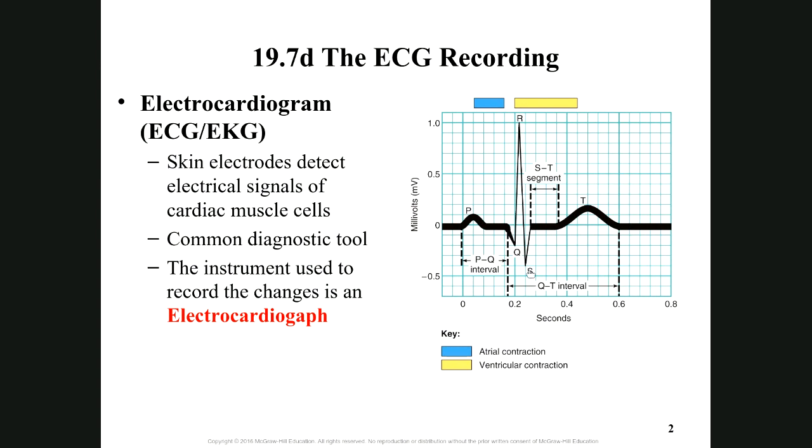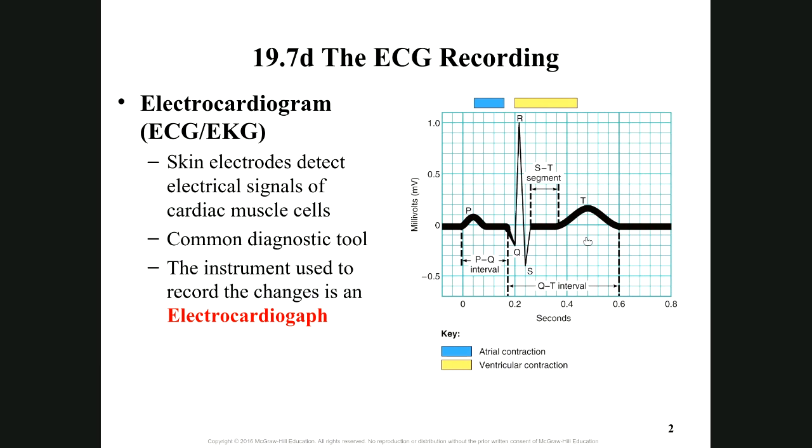The QRS complex shows the depolarization or contraction of your ventricle. After that, we have the T wave, and the T wave shows us the repolarization of the ventricle. So: depolarization of the atria, depolarization of the ventricle, and repolarization of the ventricle.